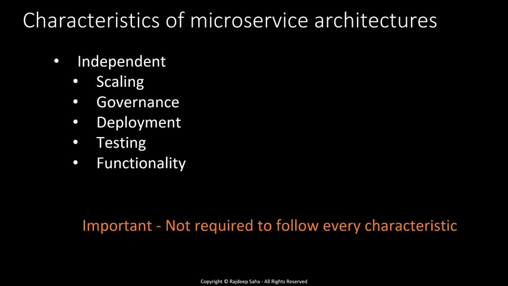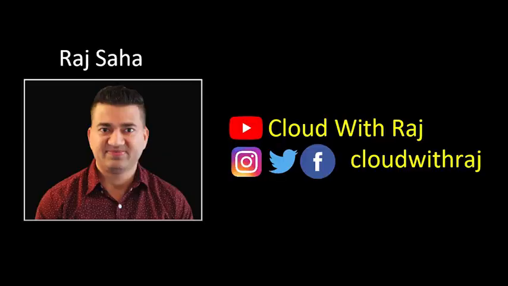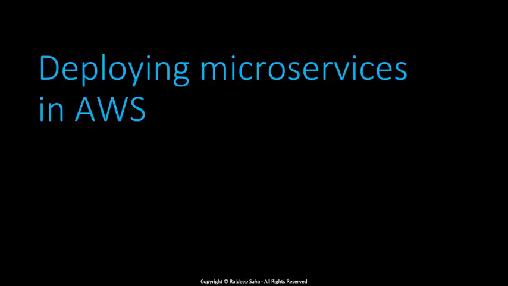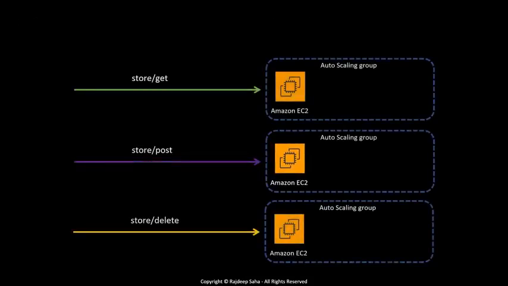Now that we understood about monolith versus microservices, let's talk about how can you implement microservices in AWS. So we have one service which is answer to everything and that is Amazon EC2. There is a misconception that you cannot run microservices on Amazon EC2, which is not correct. So as we saw before, each microservice can be running in their own Amazon EC2.